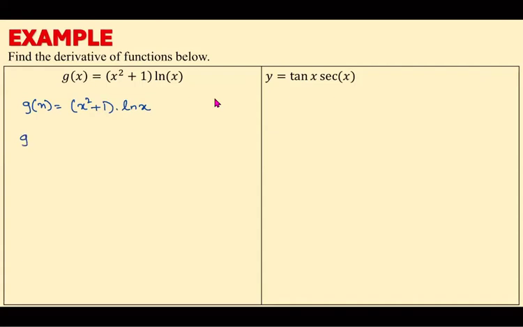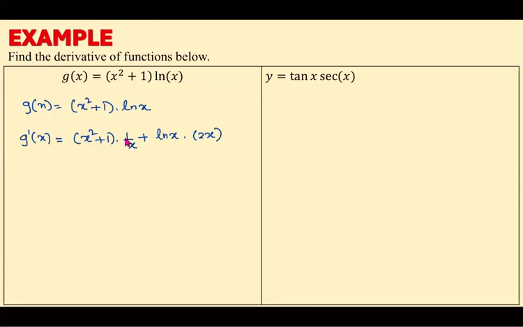Because it is a product, we can use the product rule. The product rule says first function, x squared plus 1, times the derivative of the second. The derivative of natural log x is 1 over x, plus the second function, natural log x, multiplied by the derivative of the first. The derivative of x squared plus 1 is 2x.